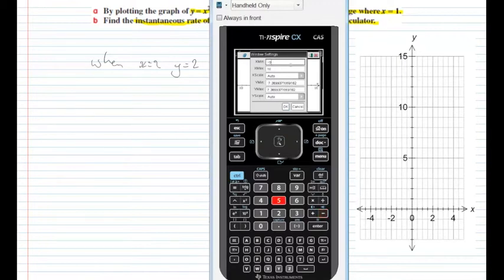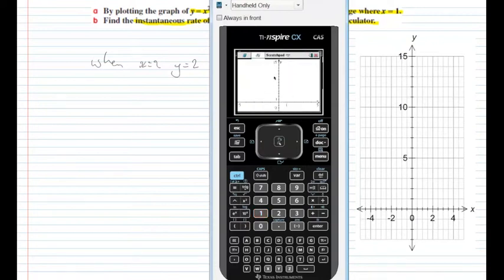Our x maximum will be equal to 5. We'll make our scale go up by 1. Our y minimum value goes down to negative 3. Our y maximum value goes up to 15. And our y scale will also be equal to 1.